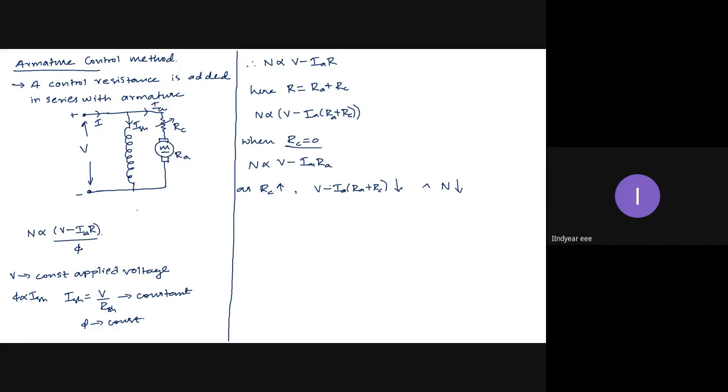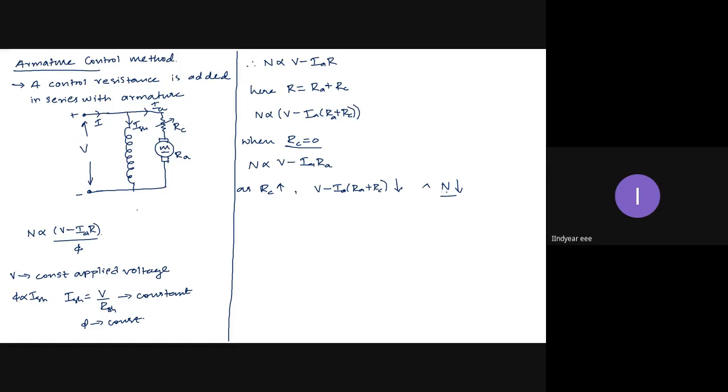Initially, when the control resistance is 0, speed was rated value. When I increase the control resistance, the speed is below the rated value. So here in armature control method, I can control the speed of DC motor below the rated speed.